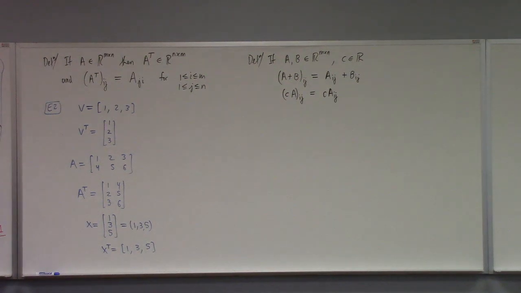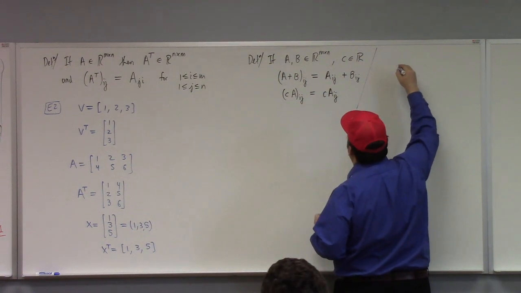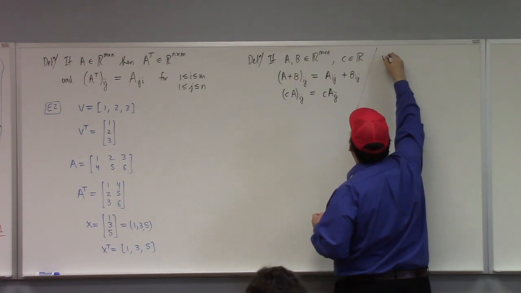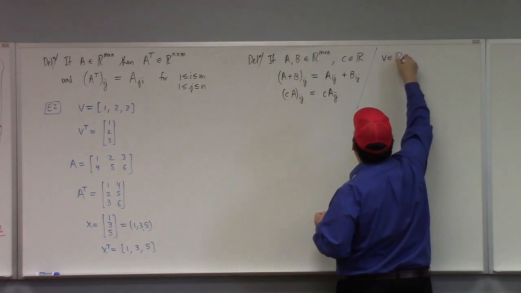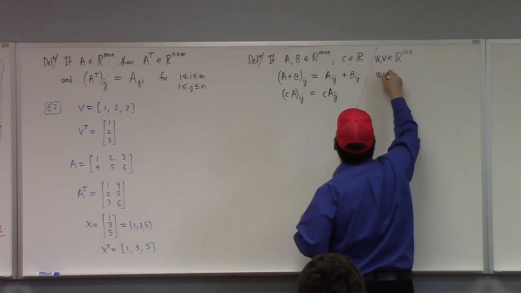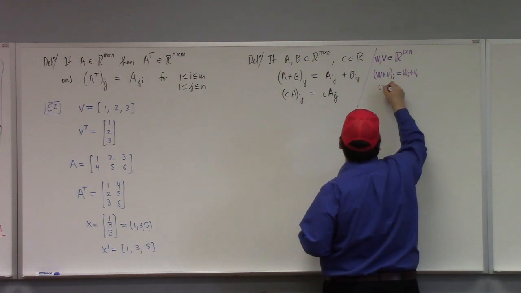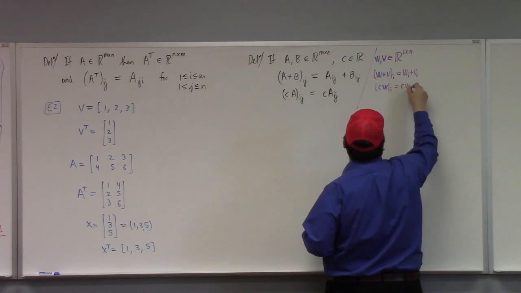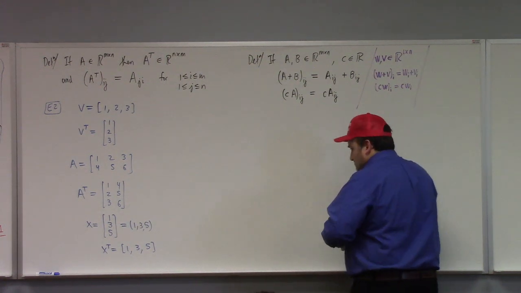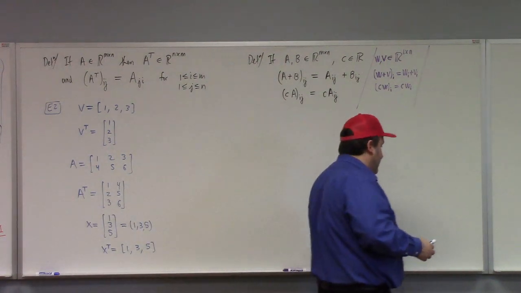Now, I should mention here, guys, these rules specialize if we're talking about a row or a column vector, right? So if we have V an element of, say, R^(1 by n) and W, then (W plus V) sub i is W sub i plus V sub i, and (cW) sub i is c times W sub i, right? And so what I'm trying to say is the two indices are only needed if we're actually dealing with a matrix that has more than one row and more than one column at once, right?